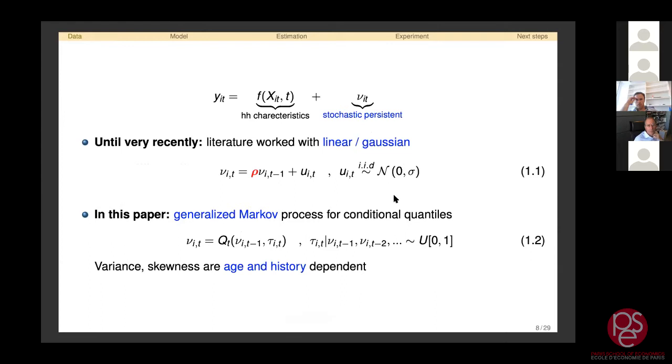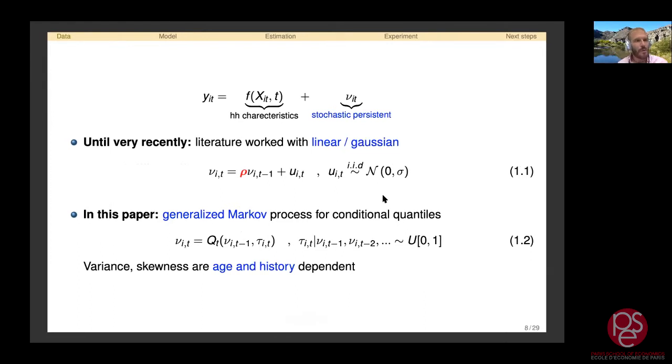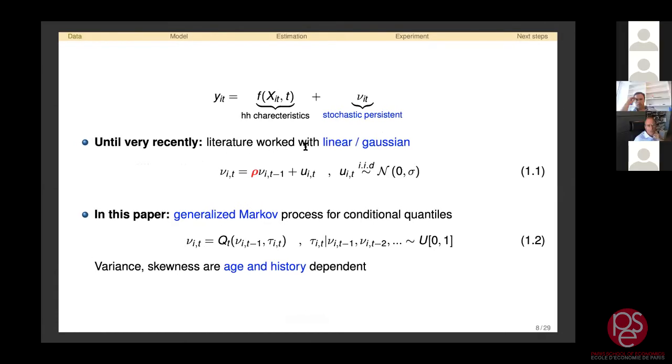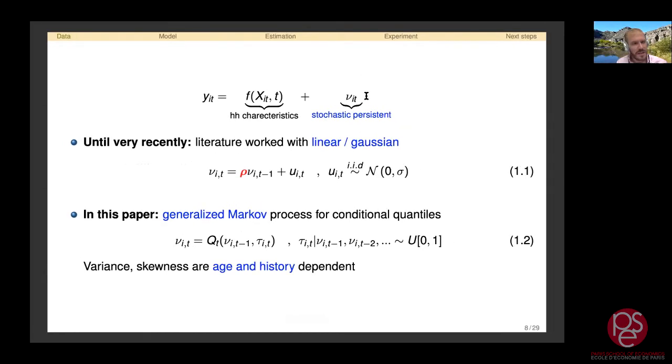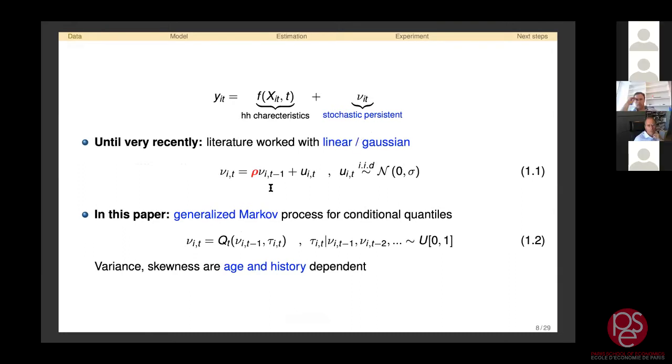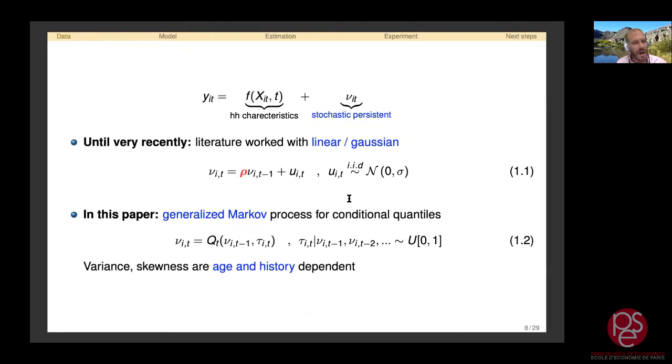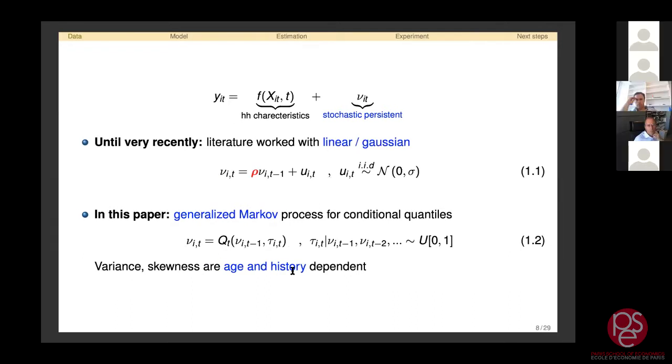So in particular, let me show you. If one decomposes labor income, or the logarithm of labor income, into a household characteristic, or deterministic component, and a stochastic persistent component, until very recently this stochastic component was modeled as an autoregressive process. What we're going to do here in the paper is estimate a generalized Markov process for conditional quantiles of this stochastic component, and estimate it in a non-parametric way.